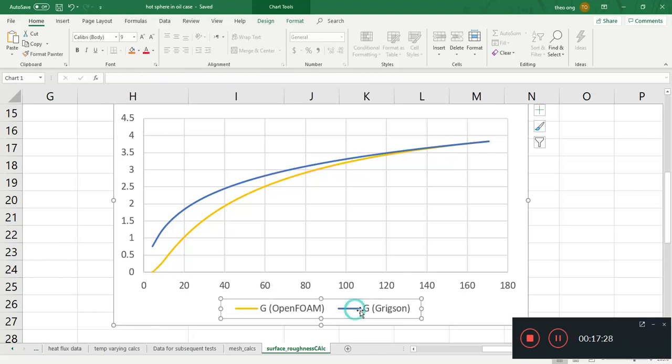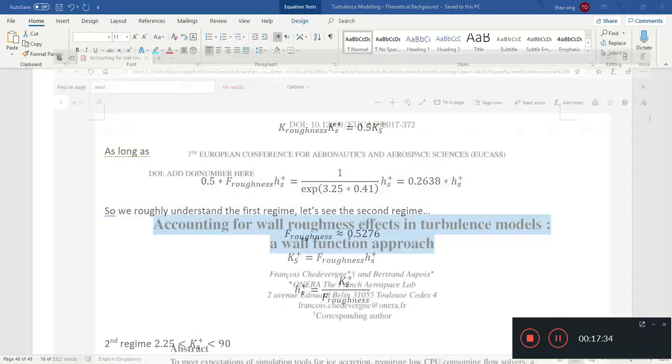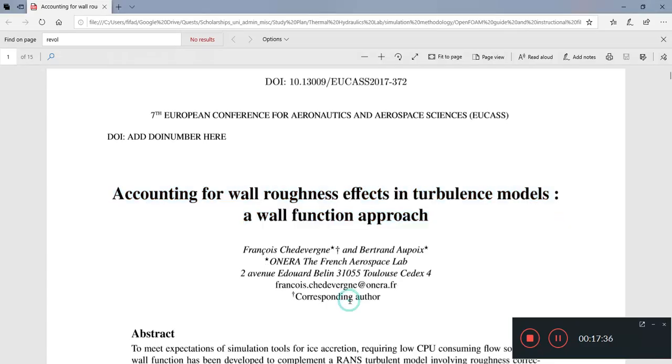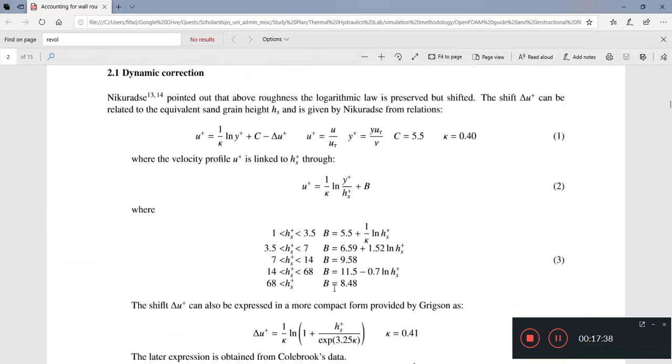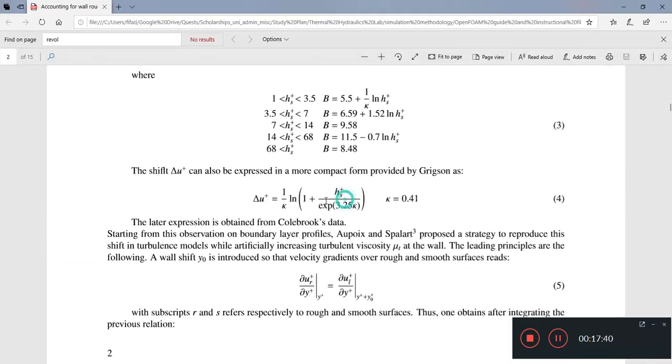But this Grigson value only tends to 0 at Hs plus equals 0.